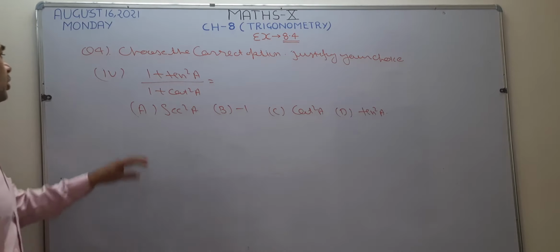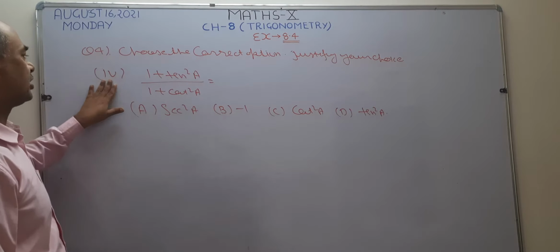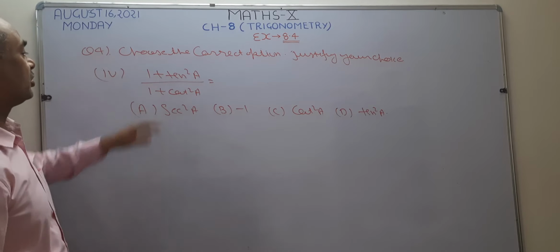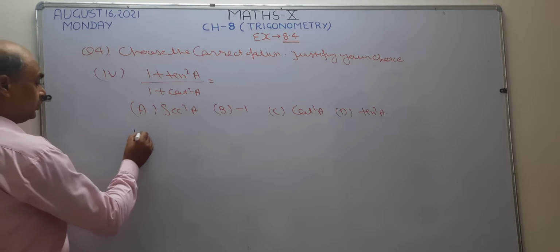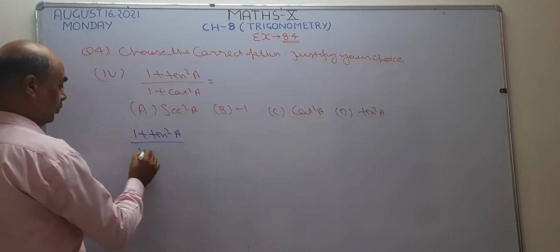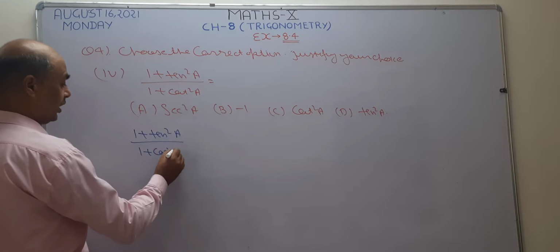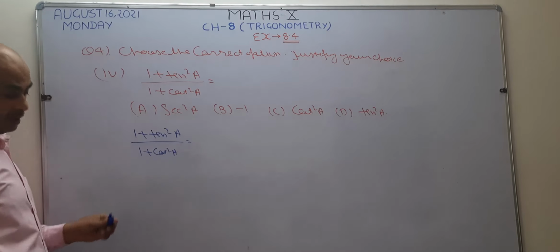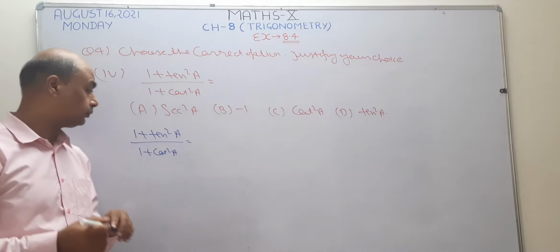Now we are going to solve the fourth part of question number 4. This is the last part of this question. What is given? (1 plus tan square A) upon (1 plus cot square A) is given. So I want to use identity.